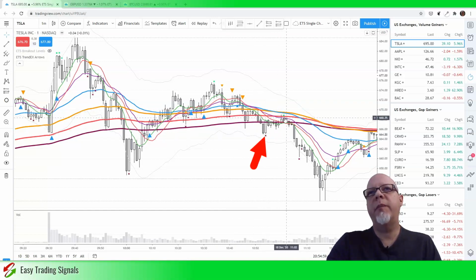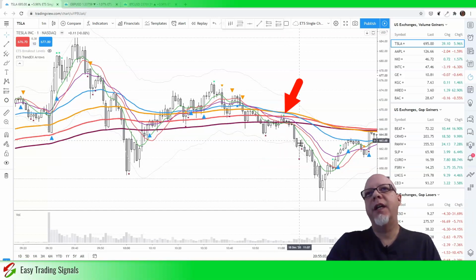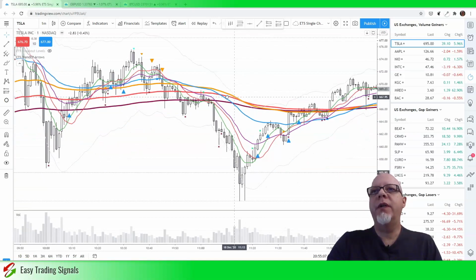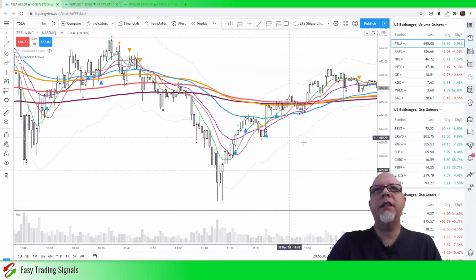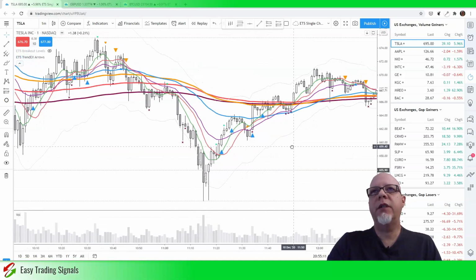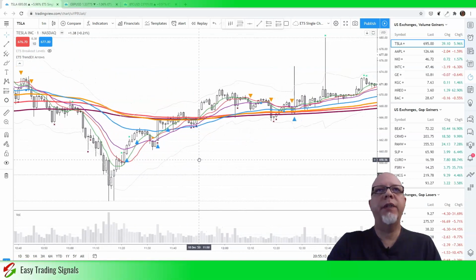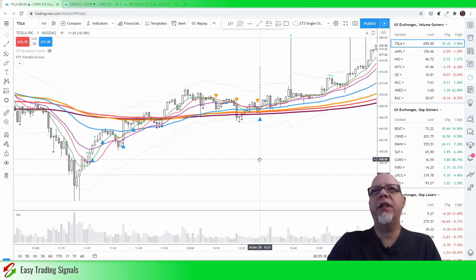Warning that it might be bouncing, warning it's going to once again bounce, and then it just drops. Okay, so that's a nice Tesla trade, and that was this Friday, so it's the most recent chart, and you can see here's a very nice trade as well.